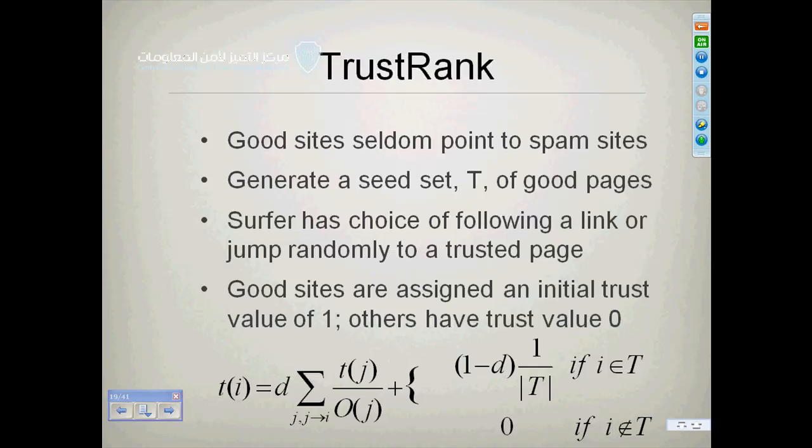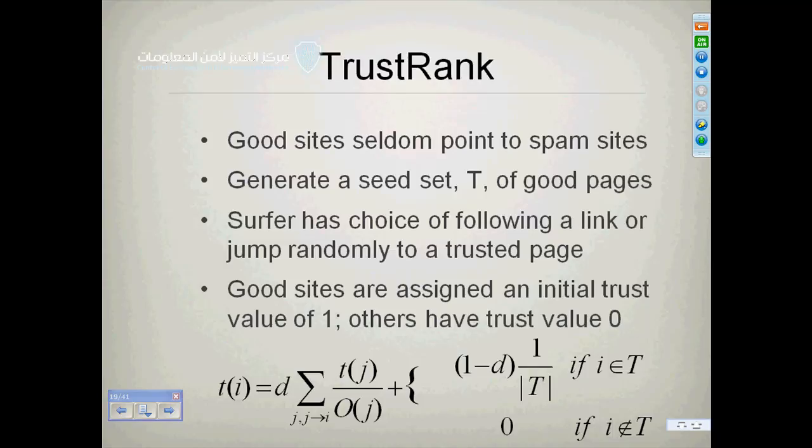And so if you do some retrieval and you get some pages that are top ranked, and then from the top ranked pages, if you identify which pages are trusted, then such a list of trusted pages can be used as the seed set. And so just like previously, we tried to find out what is the probability somebody will get to a web page, in the case of page rank calculation.